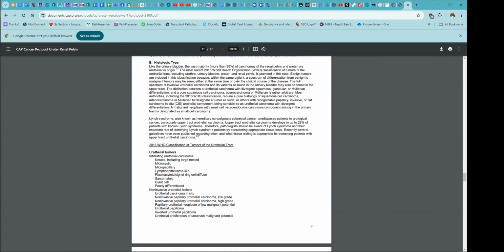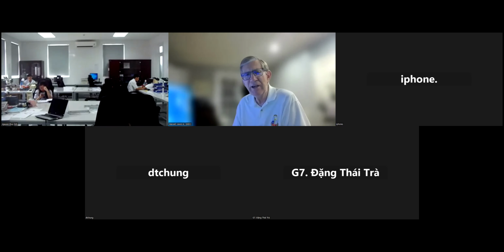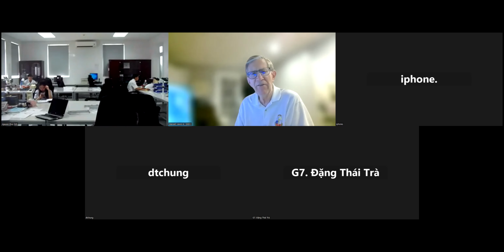So that's probably, I think, where it belongs. Now we call it enteric type, even though it doesn't have CK20. It has the goblet cells, it has patchy CDX2, and it doesn't have other things.